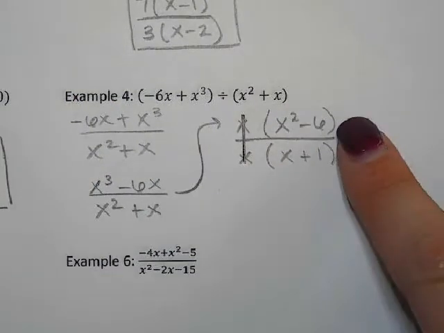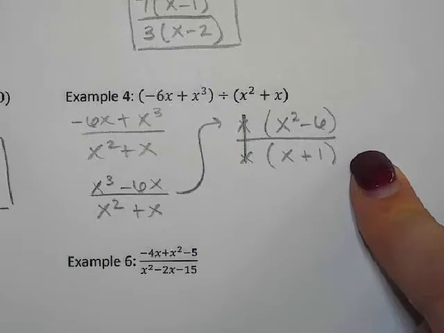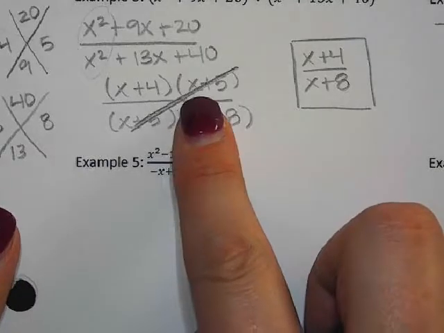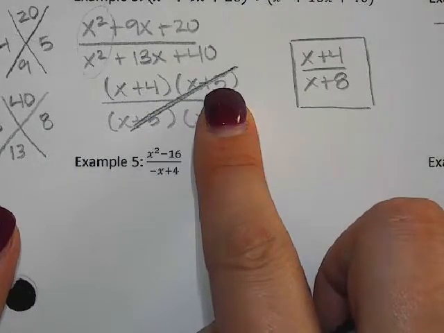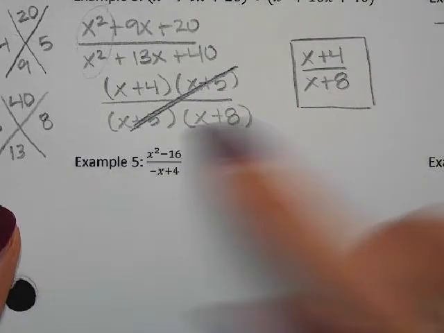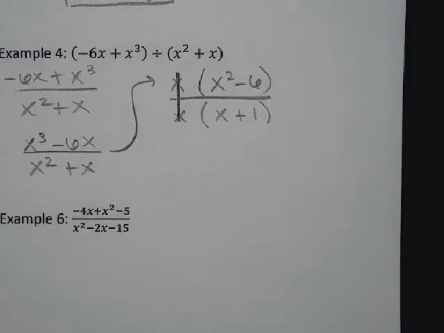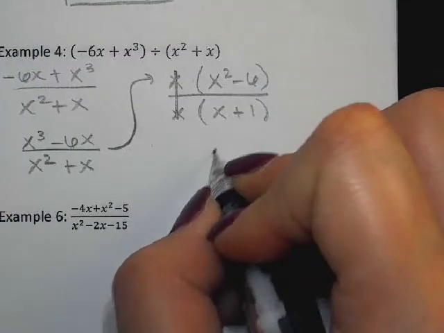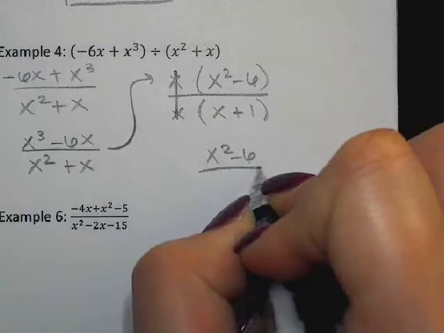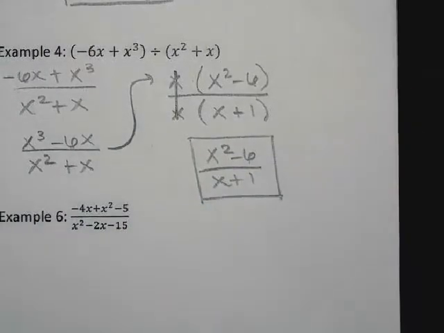When you have a factor in parentheses, the only way for it to go away is for it to have the exact same parentheses on top and bottom. If the parentheses are not exactly the same, you can't cancel. So over here, x squared minus 6 and x plus 1 are not identical, so nothing about them can cancel. If you tried to cancel any part of it, you would be killing a puppy.